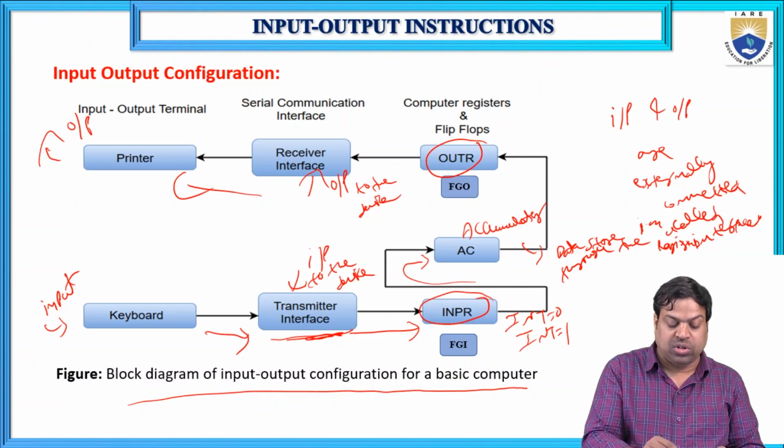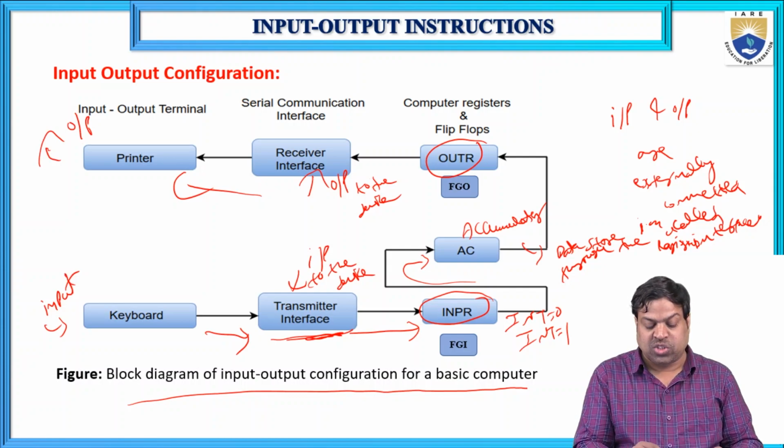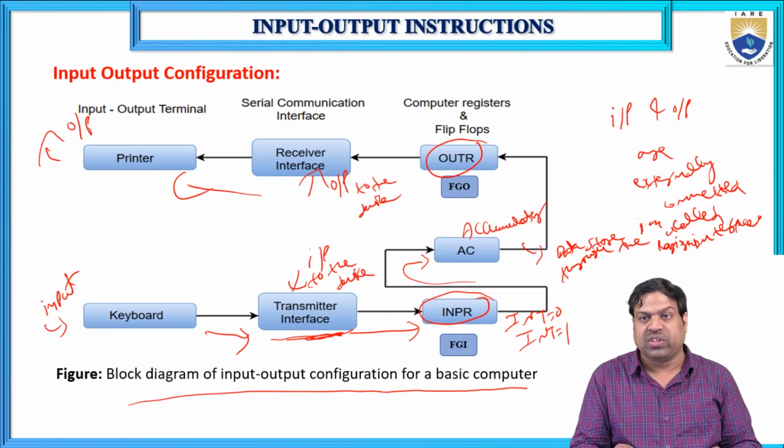Input to output: what are the steps? First, the keyboard passes data to the computer through the transmitter interface. Then it goes to the interrupt register. If INT equals 0, the data will not transfer. If INT equals 1, the data will be transferred through the accumulator. The accumulator is data storage in the form of registers.